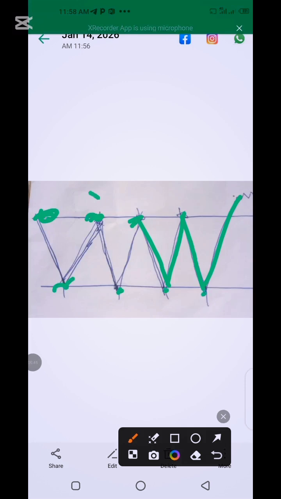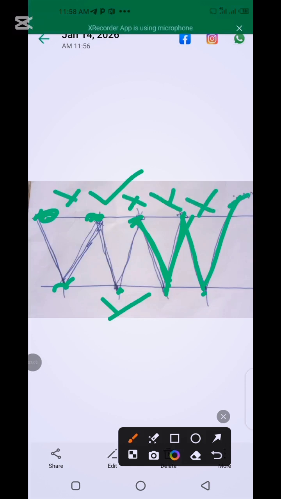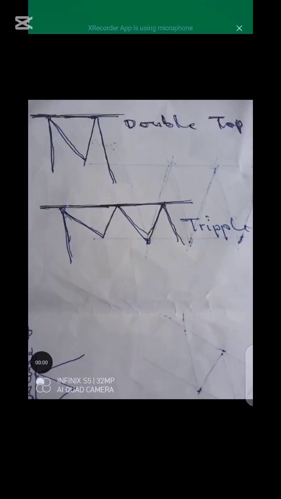This is the resistance area, and this is support. So each time price gets to the resistance area, it will bounce off down to the support and again to the resistance. Now these are all liquidity areas because there are so many activities going on at this particular section. So this is for the double top, triple top.